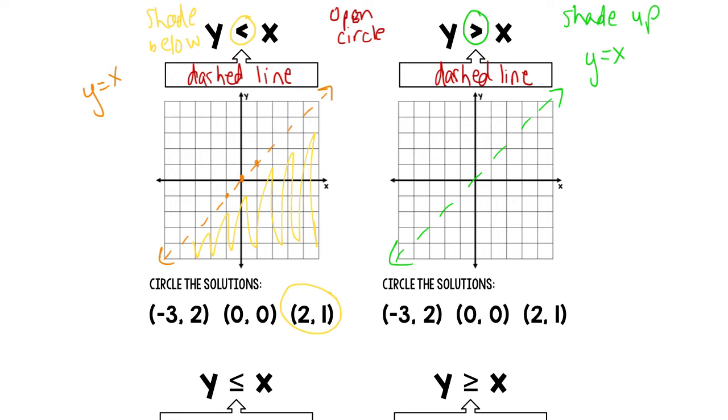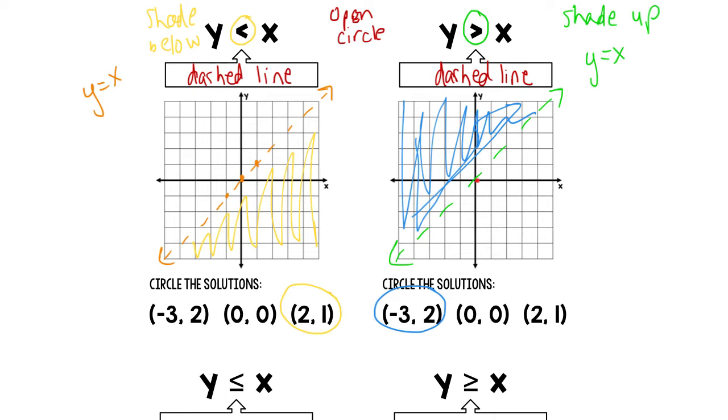So imagine laying your pencil along this line and pulling it up. So we shade above that dashed line. Now, any points located in this shaded area are going to be part of our solution. Let's test some solutions. -3, 2, 3 left, 2 up, definitely in the shaded area. That's a solution.